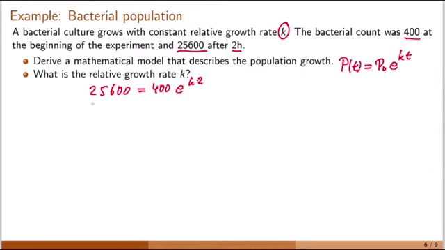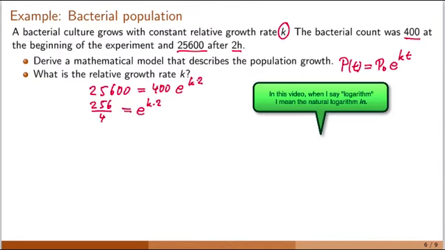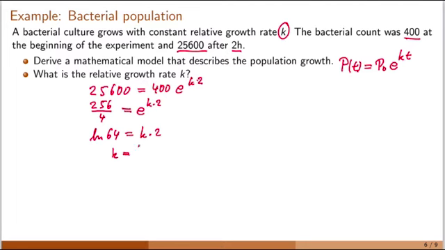So then we divide by 400, we get 256 quarters equals e to the k times 2. Now 256 quarters is 64, and then I take the logarithm right away. So then I have log of 64 is k times 2. And so this is easily solved for k.